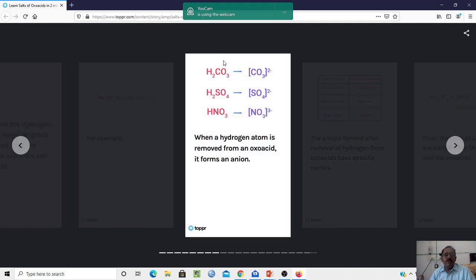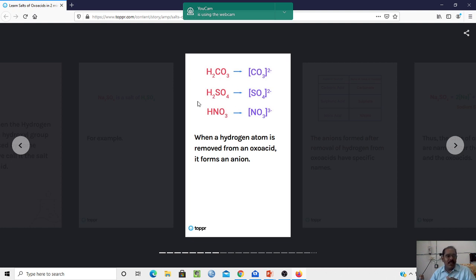So the name comes from the other part. If it is carbonic acid, carbonate is the part. If it's sulfuric acid, sulfate is the part. If it's nitric, nitrate is the part. Instead of hydrogen, we will have the metal. If you have the metal, say the name of the metal followed by the group of atoms. So in HNO3, if hydrogen is replaced by potassium, it is potassium nitrate.